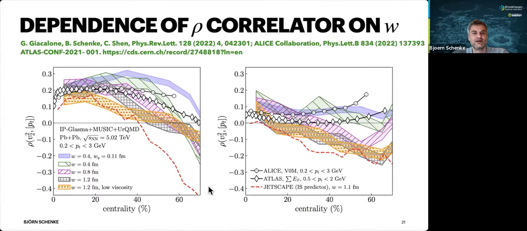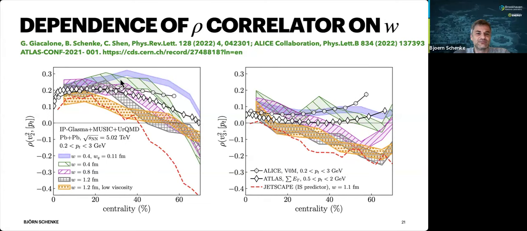For example, and this is a messy plot, so I'll walk you through it. But for example, it can distinguish, or it has some sensitivity to the nucleon size, while not being too sensitive to the medium properties. So all these different curves, first of all, there's data from ALICE and ATLAS. Let's focus on the ALICE data because that has the same pT range actually as these other colorful lines.